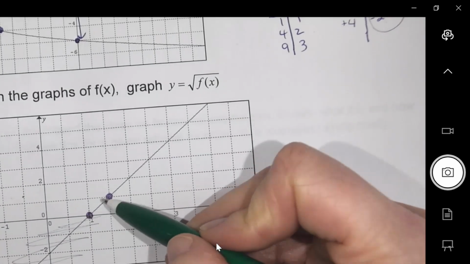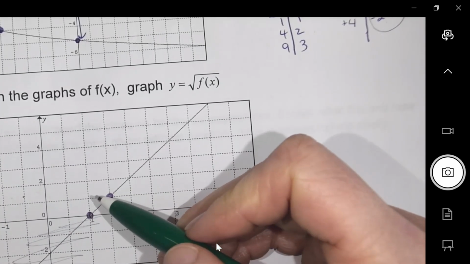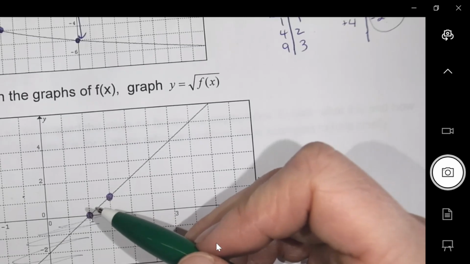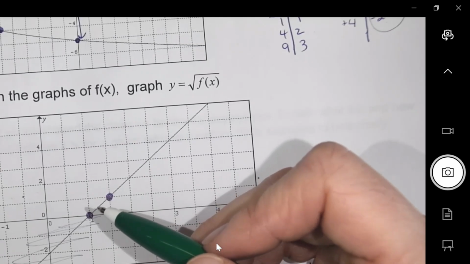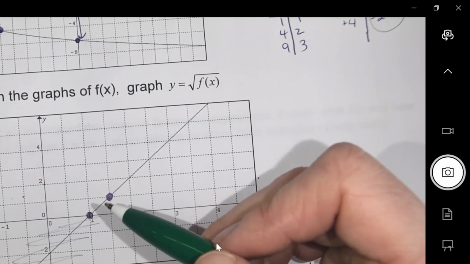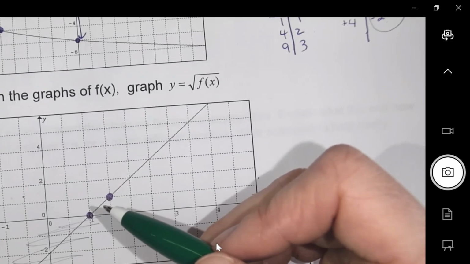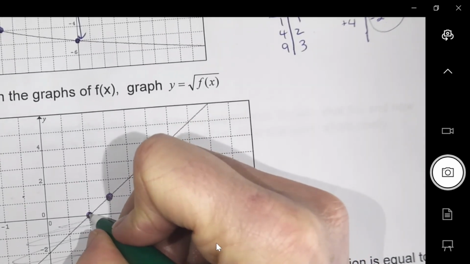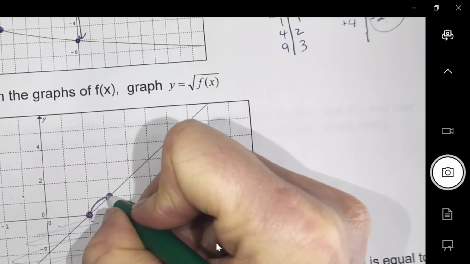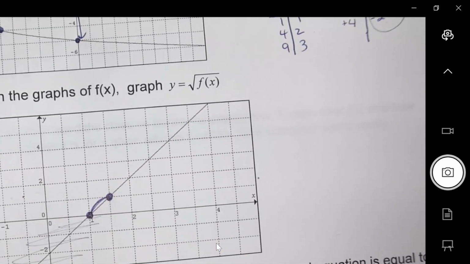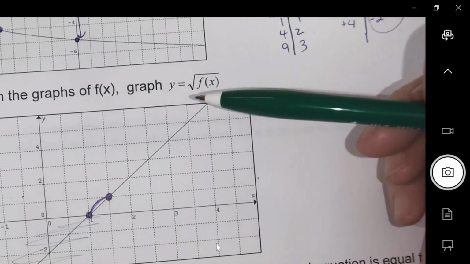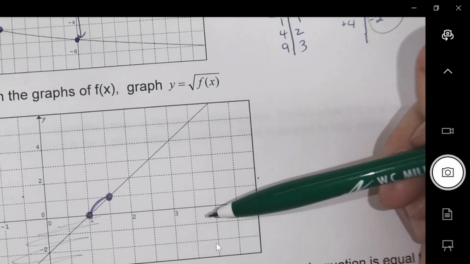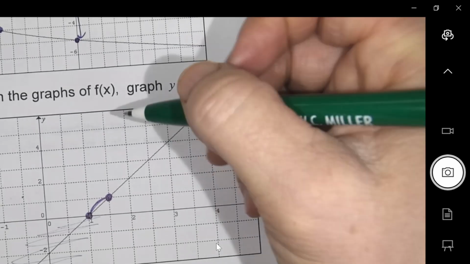Okay, then I'm looking for heights that are decimal heights between 0 and 1. What happens to you when you square root decimal numbers? They go bigger. So I need to see bigger there. And then this section would go smaller.